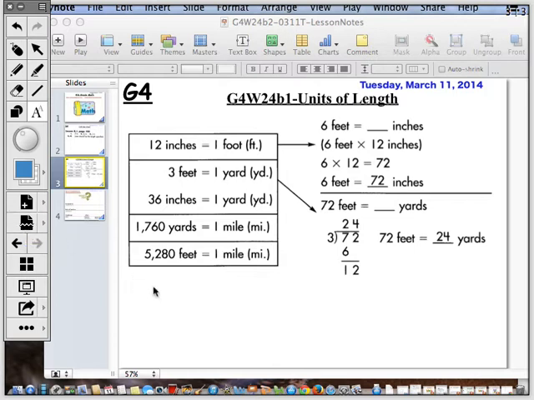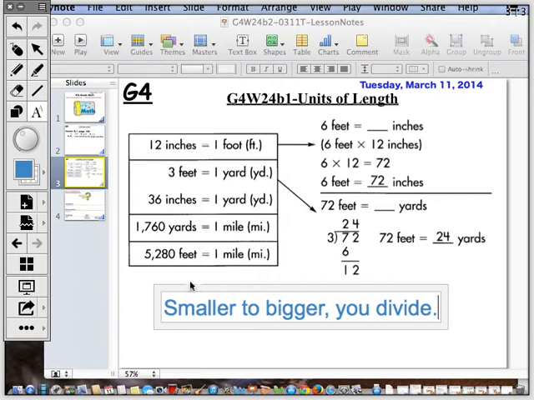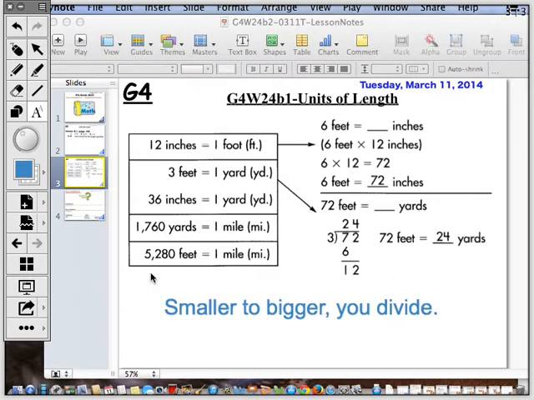Now, the reverse is true too. Smaller to bigger, you divide. So in this case, because we're going smaller to bigger, we divided. 72 divided by 3.